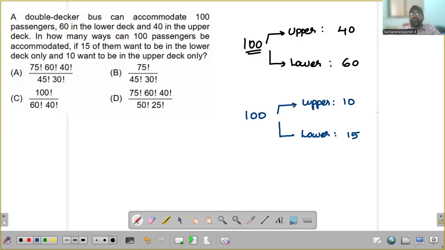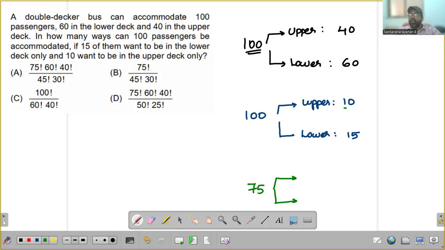So 15 plus 10, 25 people have clarity on where they want to be. Which means the remaining is 75. Those 75 are okay with either upper or lower.